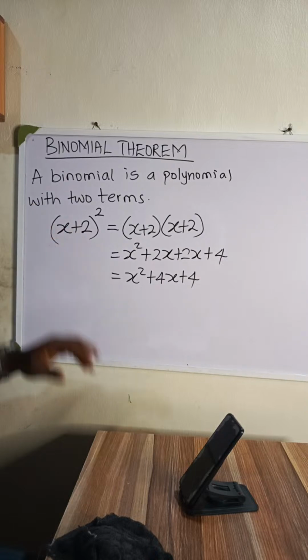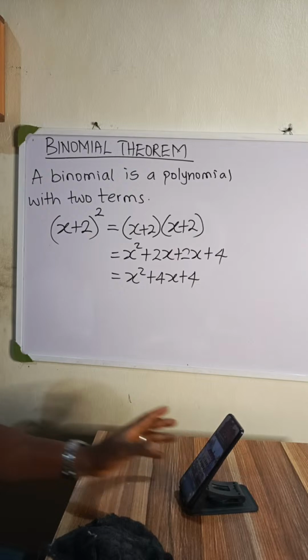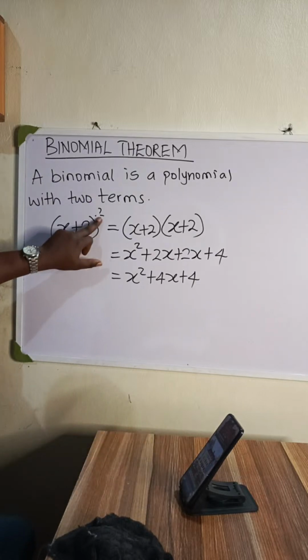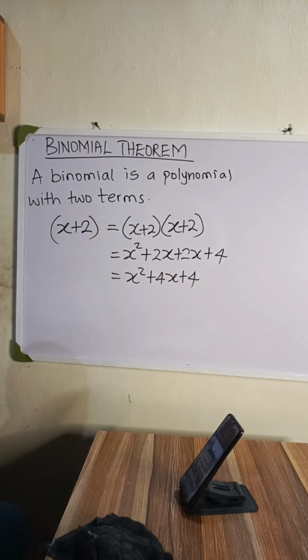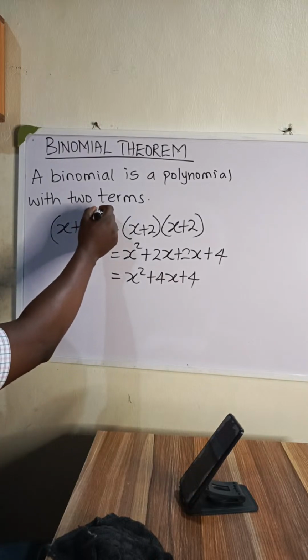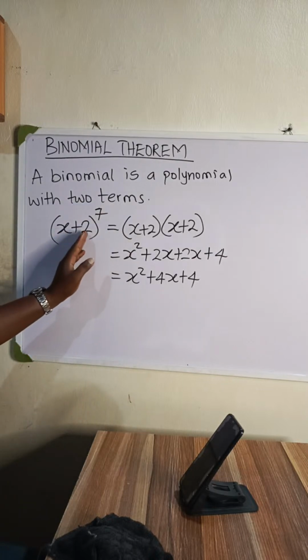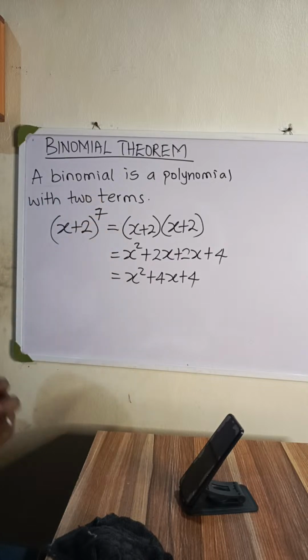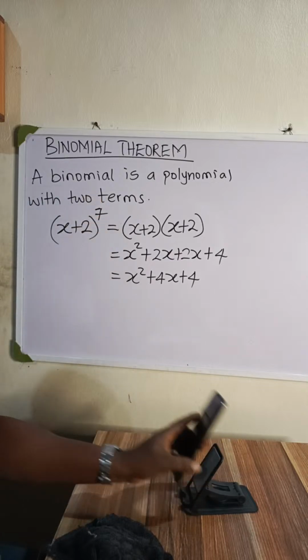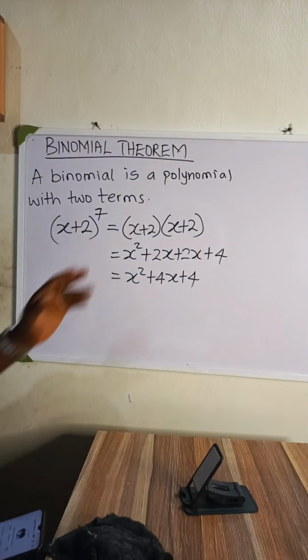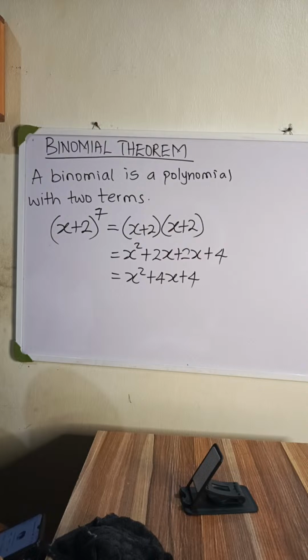But what if we have a situation where the equation is more complex? So instead of having a square here, we have, let's say, to the power of 7. So x plus 2 raised to the power 7 means x plus 2 is multiplying itself 7 times. If you are told to expand this, it will be very difficult to expand.